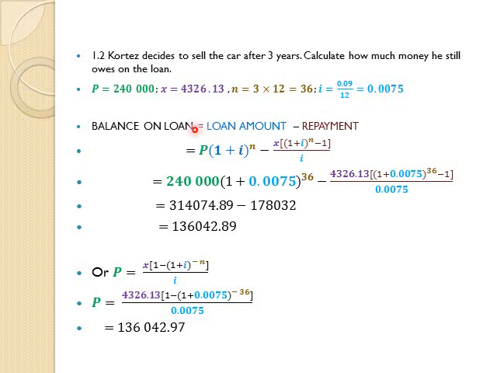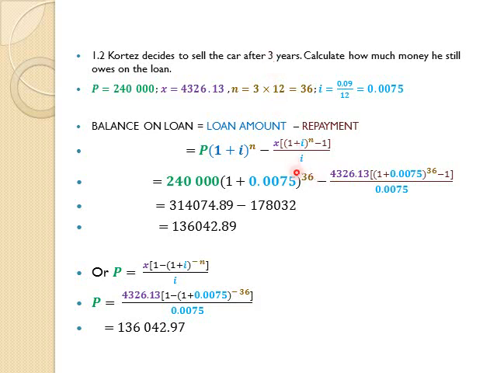0.0075. So for balance on loan, I'll do both ways. P(1+i)^n minus x[(1+i)^n - 1]/i. So P is 240,000, i is 0.0075 and n is 36.